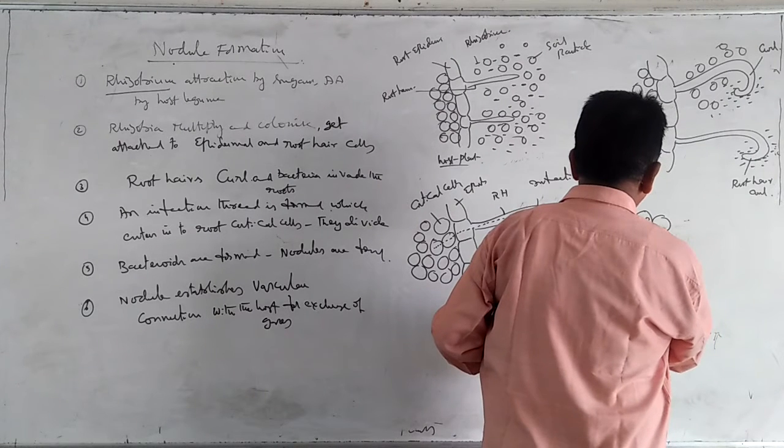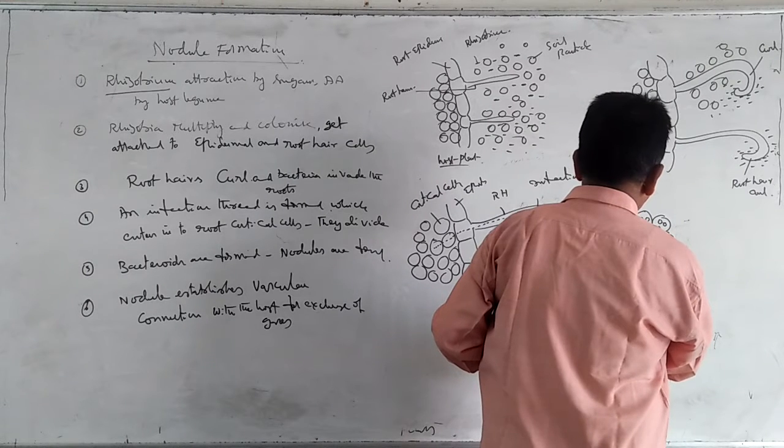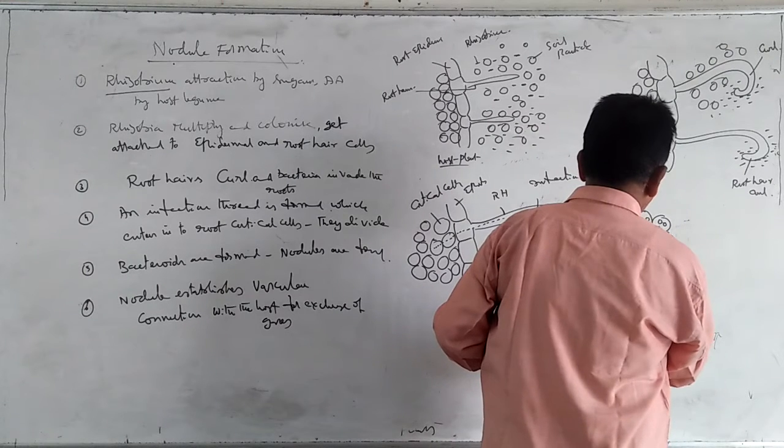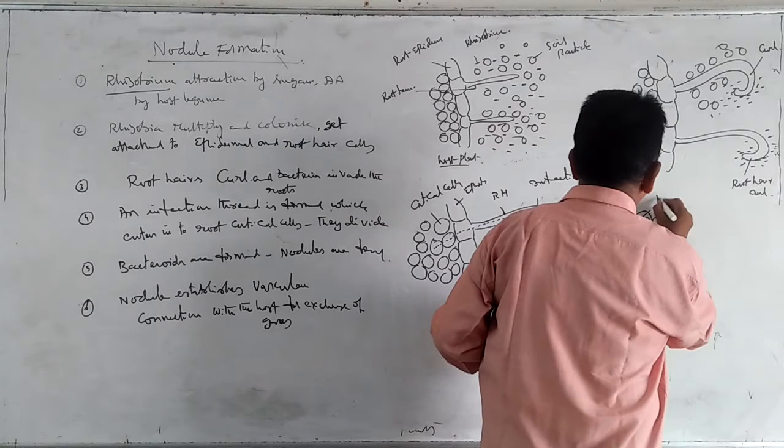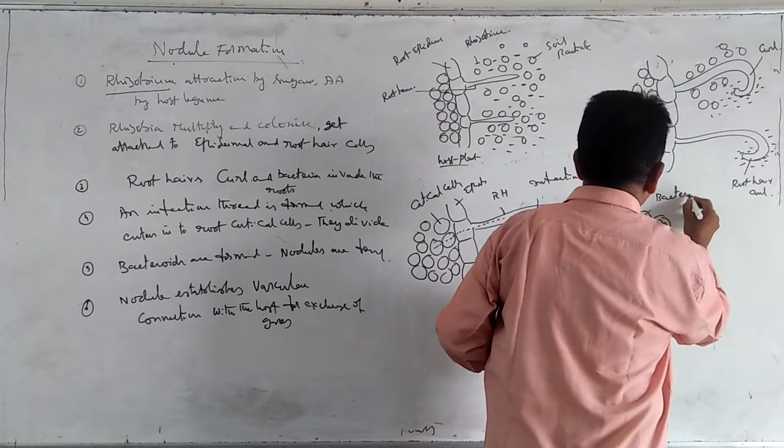Inside the cortical cells, some round bodies are produced. These are called bacteroids.